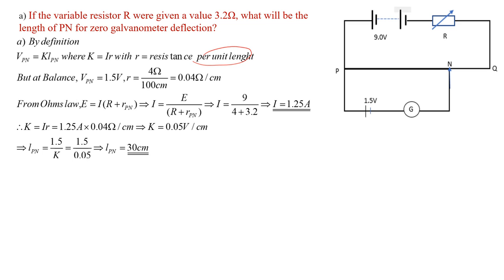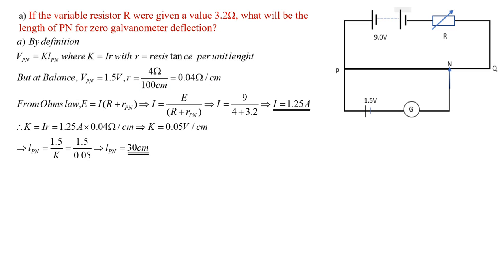The resistance per unit length for the wire PQ is small r, which is the resistance of the wire, 4 ohms, divided by 100 centimeters, which is equal to 0.04 ohms per centimeter.